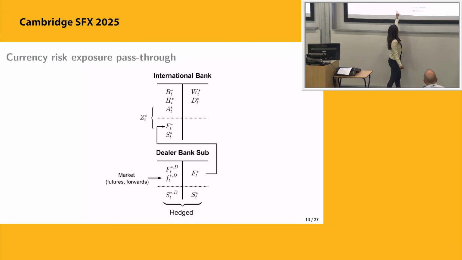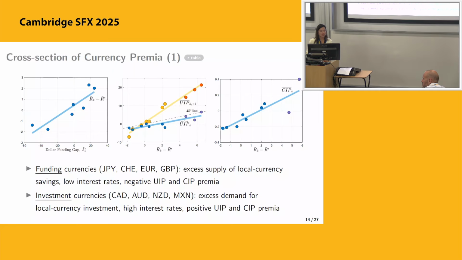So what we imagine here is that it receives the demand for forwards and futures F. It hedges it, so it has to have the exact same exposure on the liability side, but then it has to pass that on to some intermediary. We think of here the non-dealer investment bank, for example, but it can also be a non-bank. Whoever is in the business of currency risk will need to absorb that shock to currency risk demand and will charge a fee.